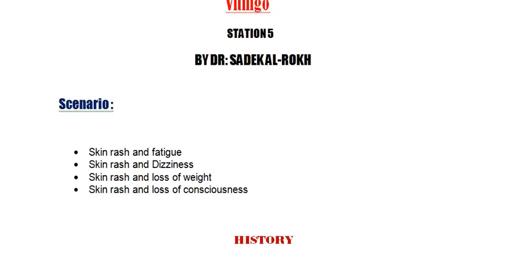So in vitiligo, you have to take a history of the skin rash, which is a fixed history for all skin rashes, and then explore and ask about the history of all other autoimmune diseases associated with vitiligo. We are going to make it easy for you. We are going to divide the autoimmune diseases associated with vitiligo in a way which will make it so easy to approach.